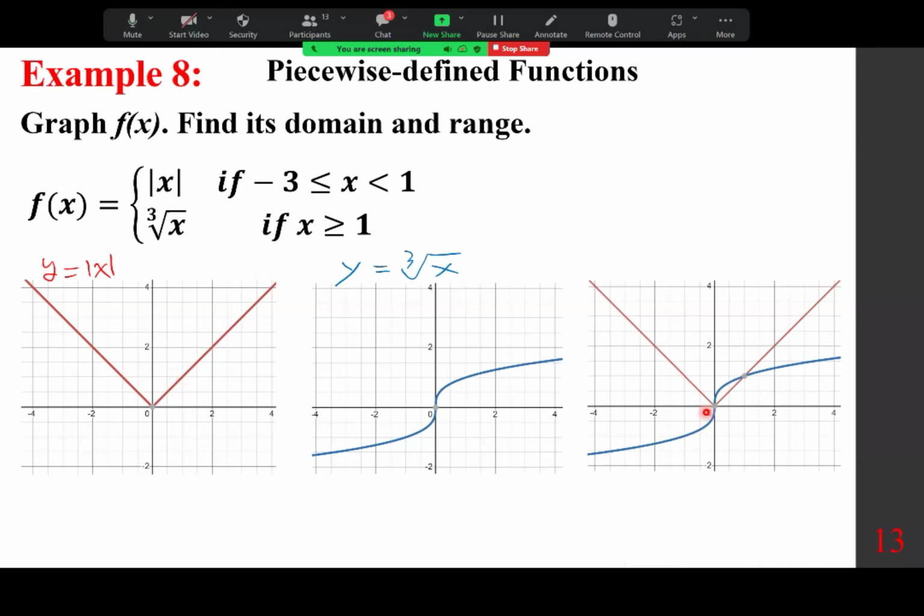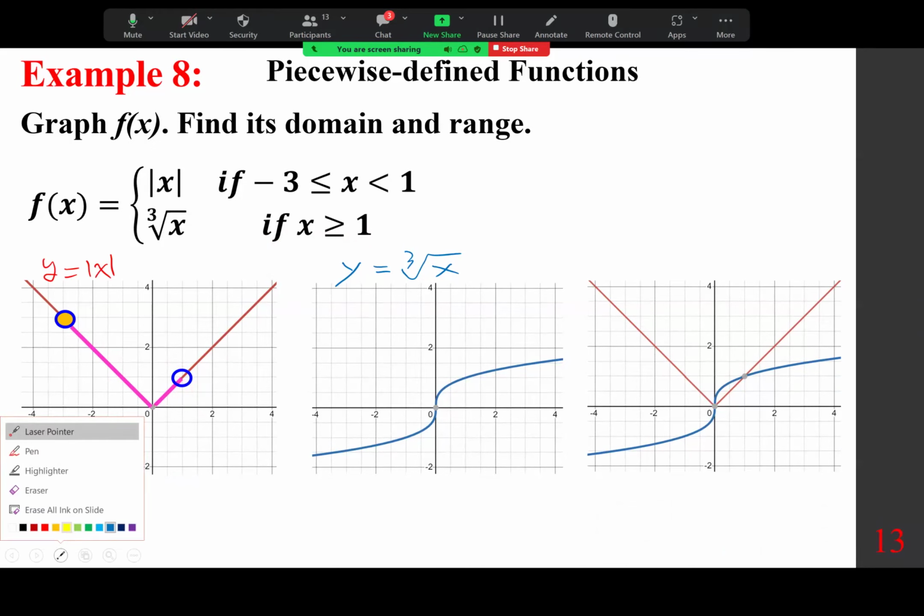We are going to see which portion. So we need a solid point here. We have a hole here, so this portion. So from here to here to here, and there is a hole here. What about this one? When x is greater than or equal to 1. First of all, if you put 1, you get 1. By the way, it's important to know the coordinates of these points.